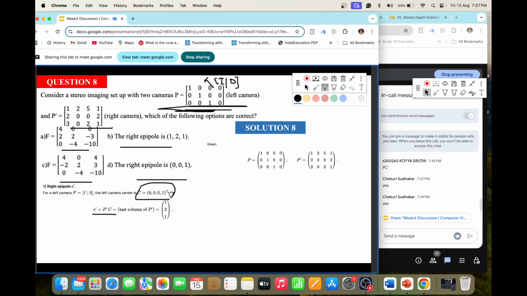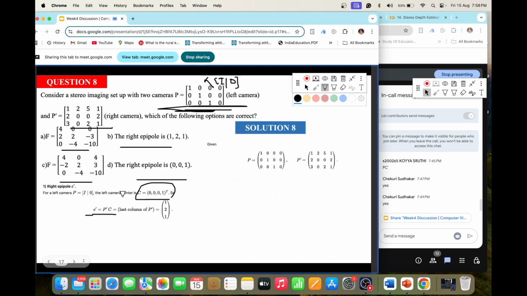C is at the origin, and P dash we know, so we can easily compute E dash, the right epipole. Just do P dash into C and you will get the right epipole.